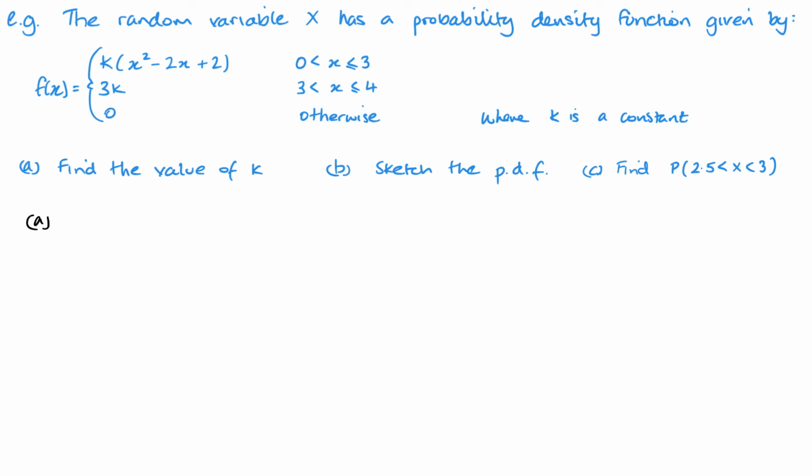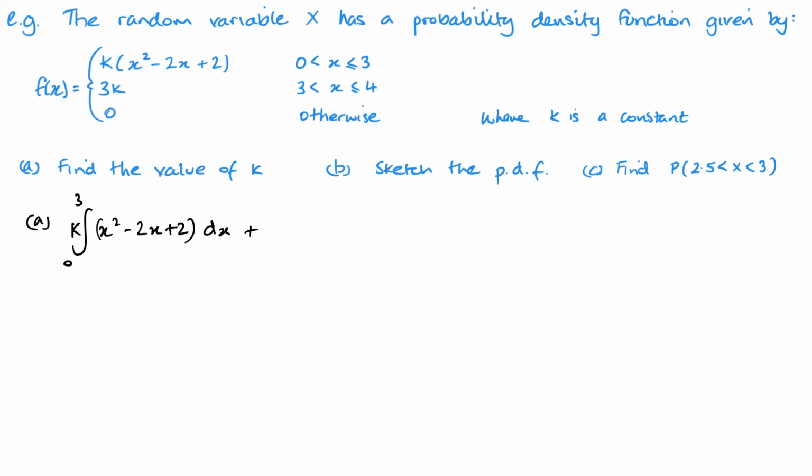So the first thing I want to do is, I know that the total area is going to be equal to 1, isn't it? So I'm integrating my k, now k is a constant, so I can put that just outside. And I've got x squared minus 2x plus 2 dx, and that's between 0 and 3, as those are my limits.